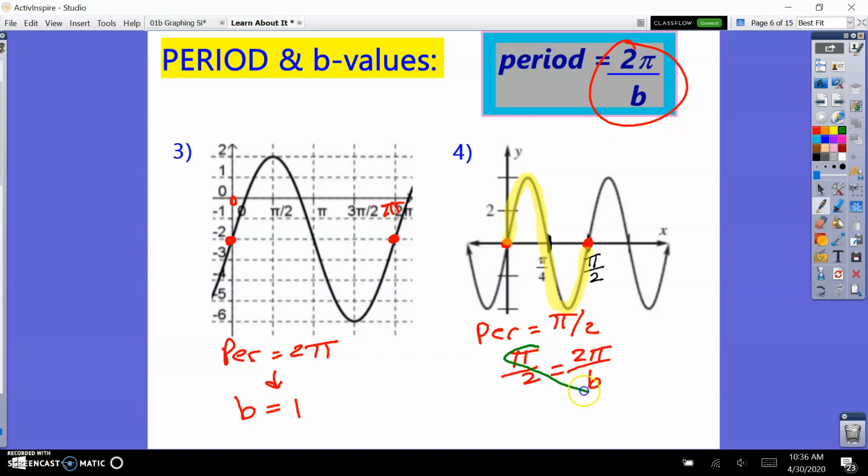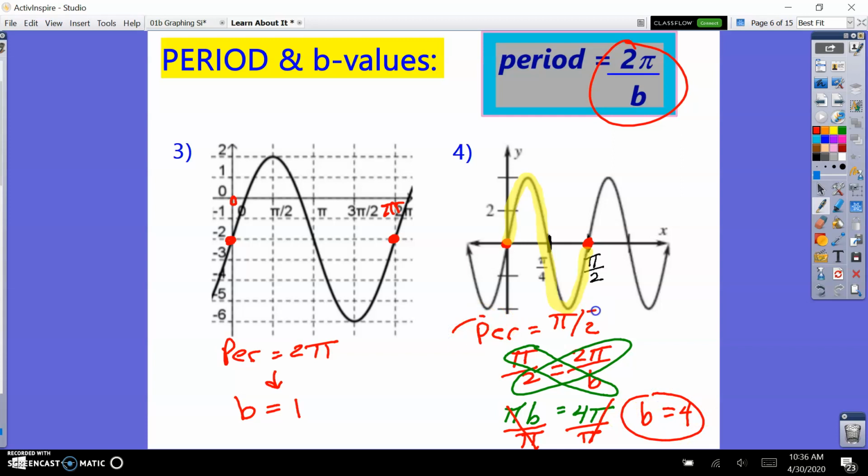So if we cross multiply here, then we're going to get pi times b equals 4 pi. And now to solve for b, we will divide by pi. So if I divide by pi, that's going to end up with b equaling 4. So here are the two pieces of information that we need for this.